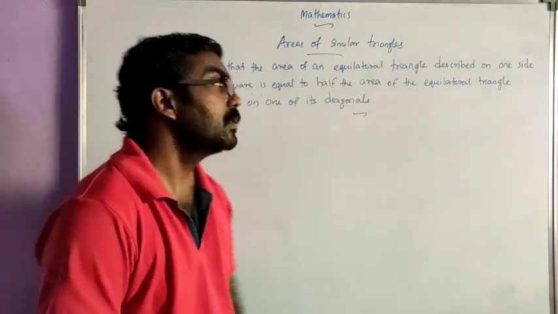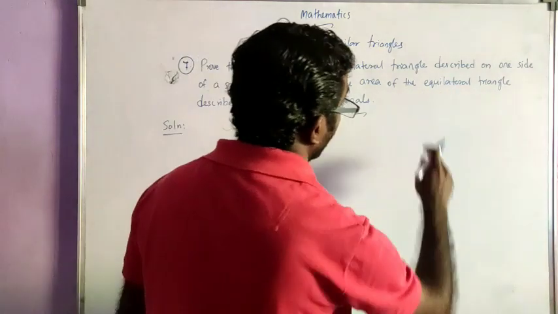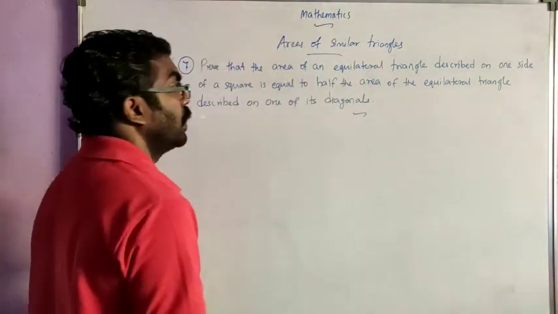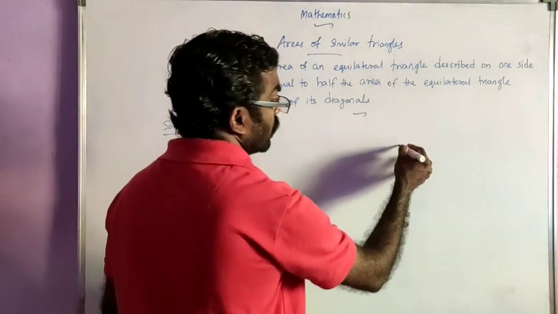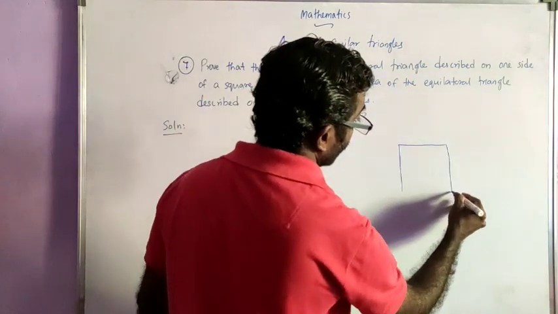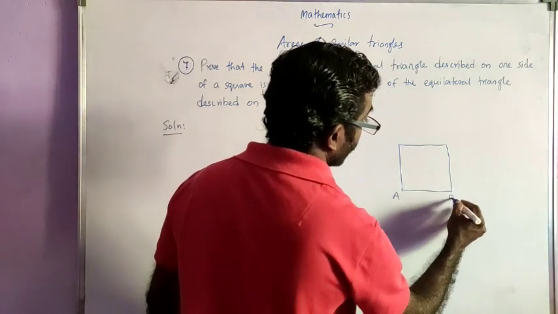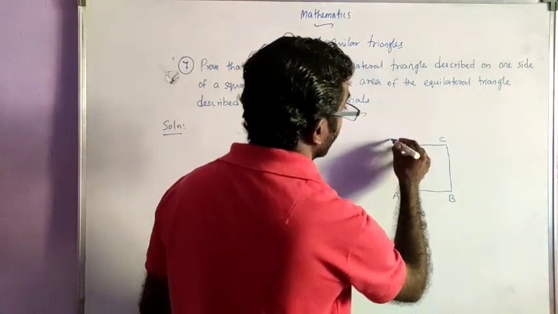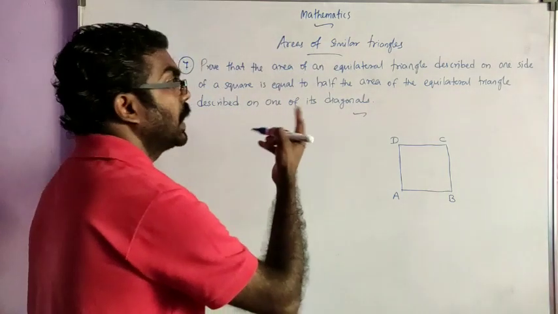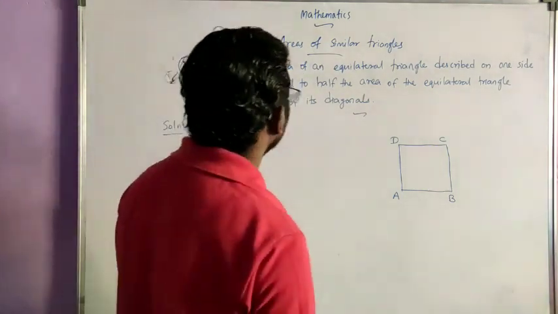Now the next one is: prove that the area of an equilateral triangle described on one side of a square. So let us consider one square. Name it as ABCD. Equilateral triangle described on one side of a square.